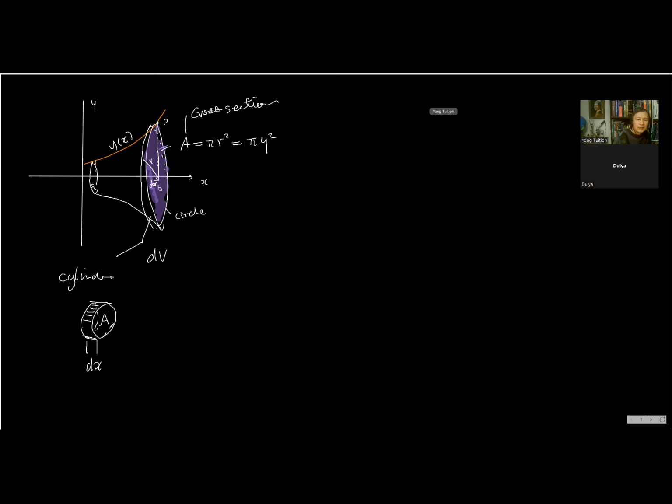So this is called dV. So dV can be written as the area multiplied by dx, which equals pi y squared multiplied by dx. So that gives you this tiny slice.